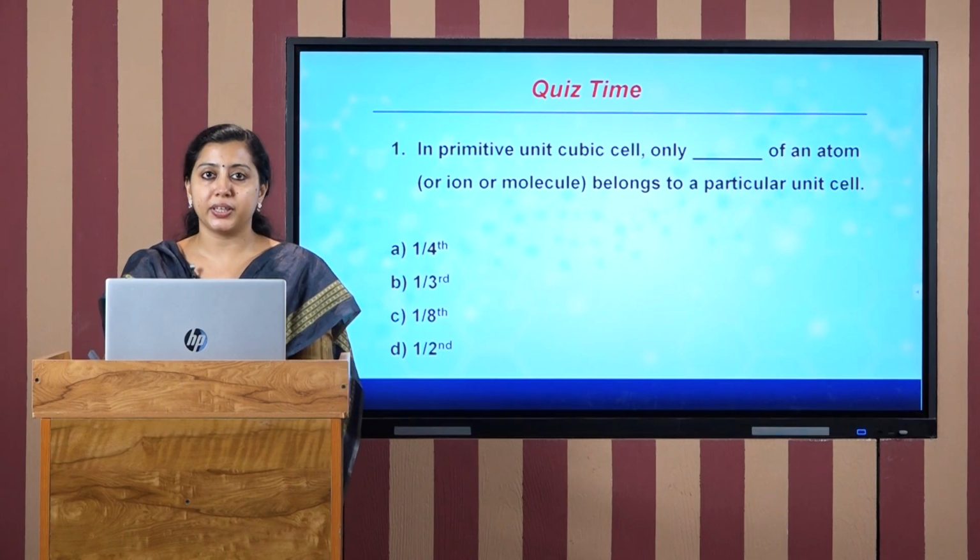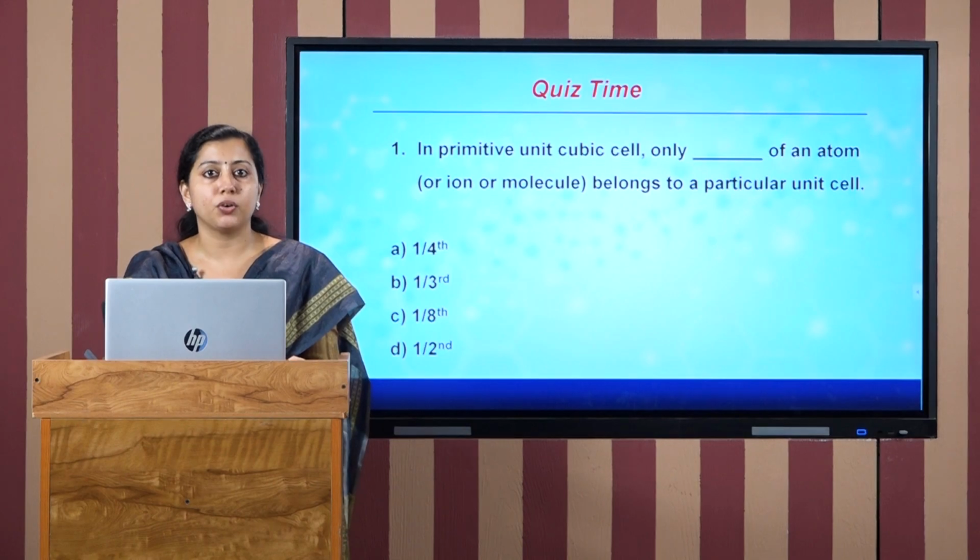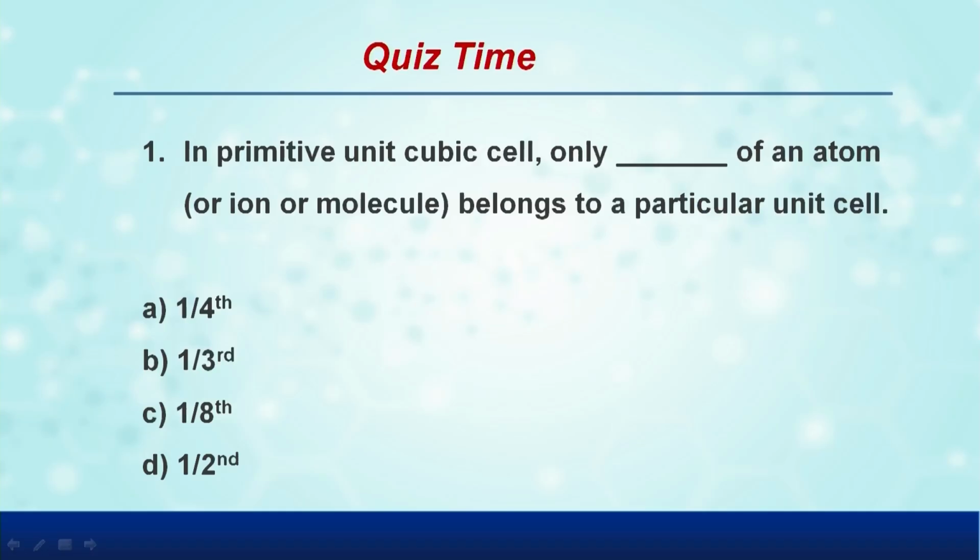Before moving on to today's session, let's discuss the assignment questions of the previous class. The first question: in primitive unit cubic cell, only dash of an atom or ion or molecule belongs to a particular unit cell.